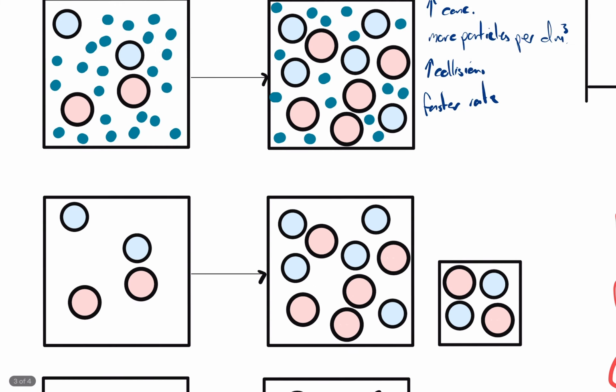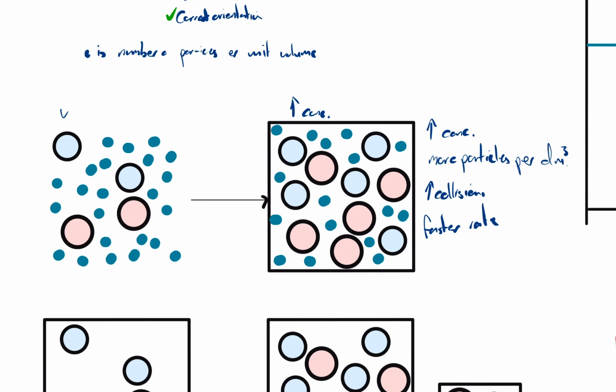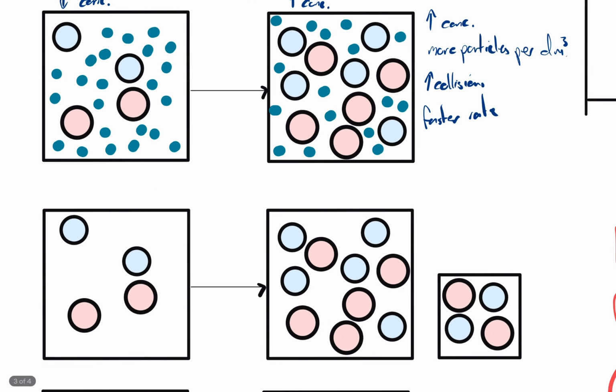So here is something that's very similar, right? This time they're not dissolved in water, these are gas molecules. So here we're talking about pressure. And again, pressure is a similar thing to concentration. Here again, we're talking about the number of particles per unit volume, right? So here we've got a low pressure. And here we've got a higher pressure.